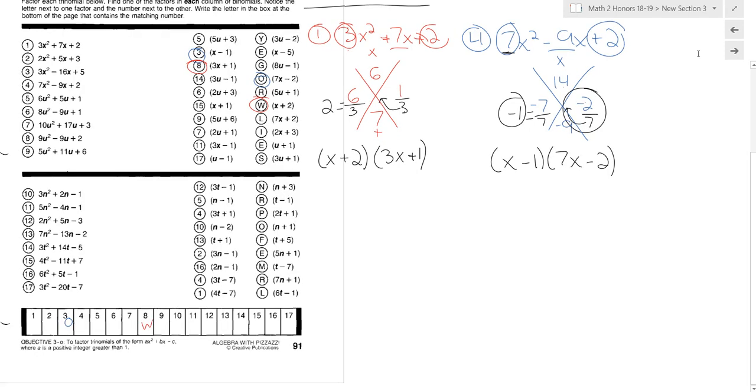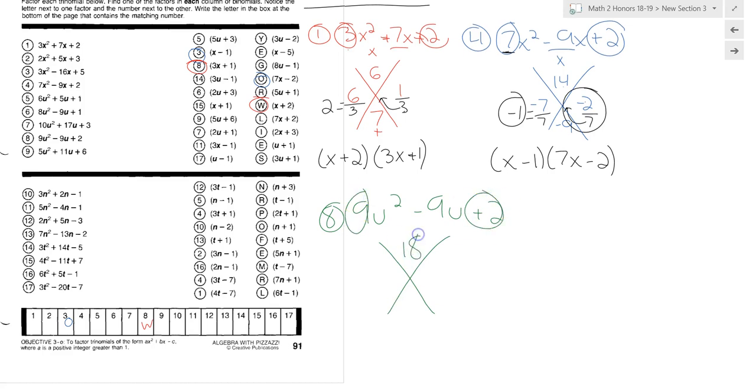All right, last one we're going to look at is number 8. 9u squared minus 9u plus 2. So we have 9 times 2 is 18. We want to add to negative 9. The two numbers that multiply to 18 and have something to do with 9 are 6 and 3. They need to be negative, so negative 6 and negative 3. Then we need to divide by 9. Both of these reduce.